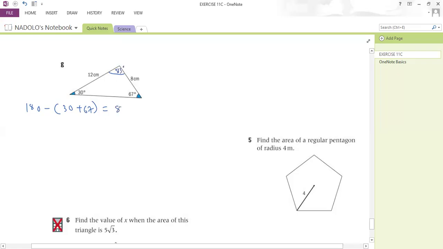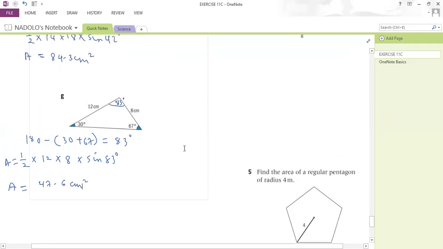So 83 degrees here. Then you're going to use the formula half multiplied by A times B, or 12 times 8 multiplied by sine 83 degrees. If you use your GDC, your area here should be 47.6 square centimeters.